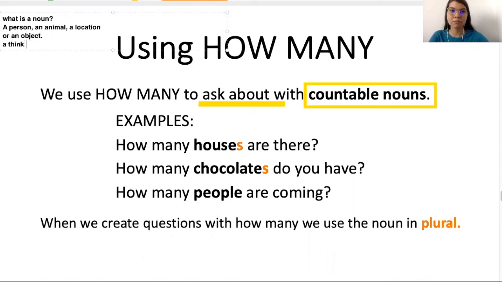So a thing, a place, a person, or an animal. So these are nouns, yeah?